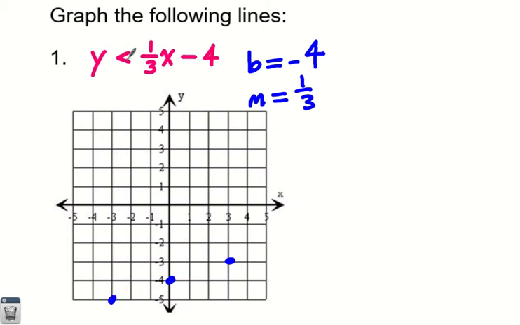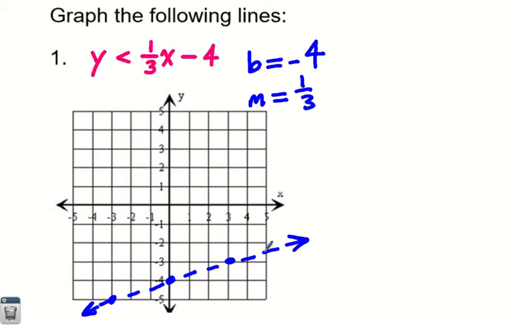Because of the symbol just being less than, we make our line dashed, because we're not really including all these points. All the points on the line don't actually count as part of the graph. So we make it dashed.